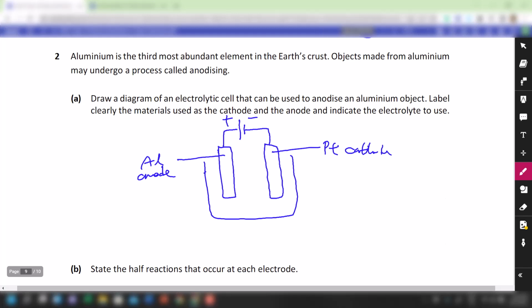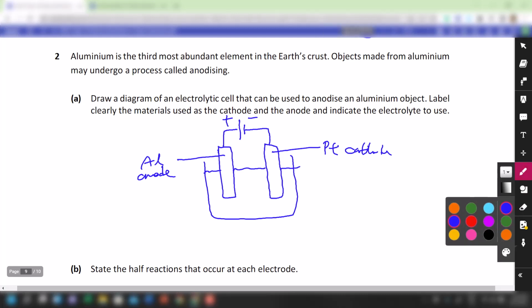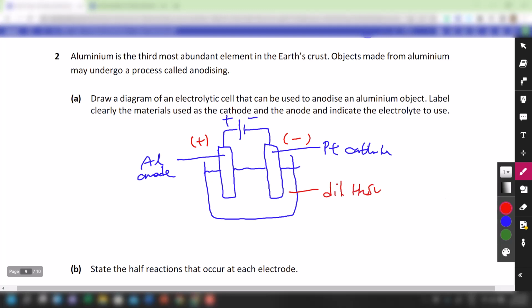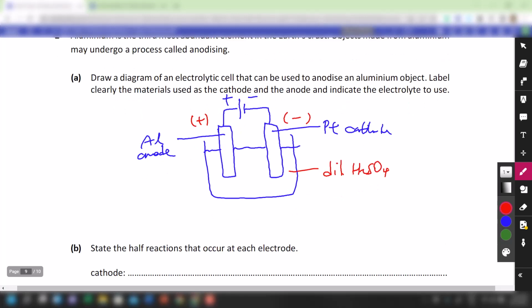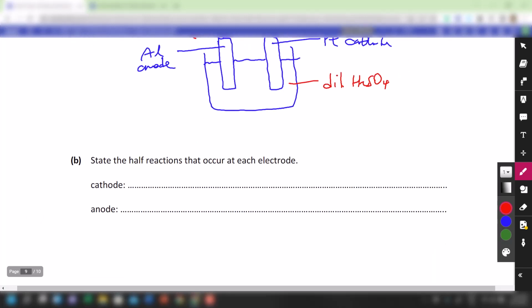And then we have the solution level. I think it's better to just indicate it, so I'm going to put the anode as plus and the cathode as minus, and the solution is dilute sulfuric acid, H2SO4. Then state the half reactions that occur at each electrode.